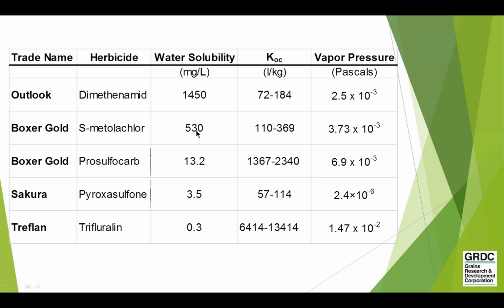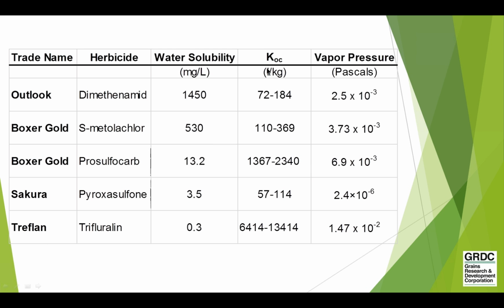S-metolachlor is about 1/3 as soluble as dimethenamid. Prosulfocarb is even less water soluble, about an order of magnitude less than S-metolachlor. Pyroxasulfone has very, very low water solubility, and trifluralin is the least water soluble.